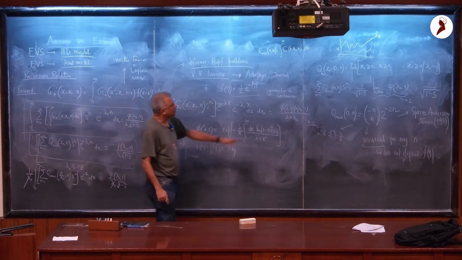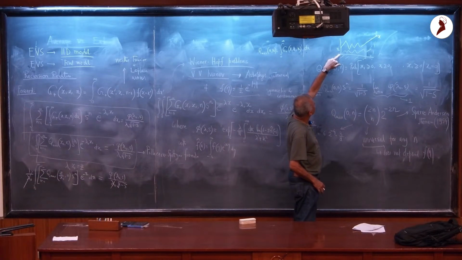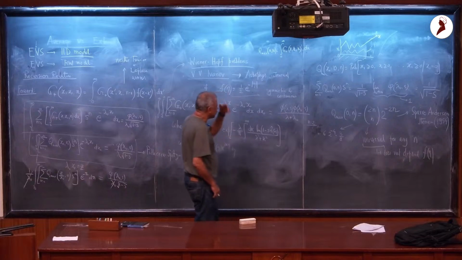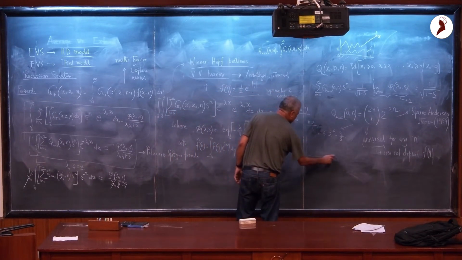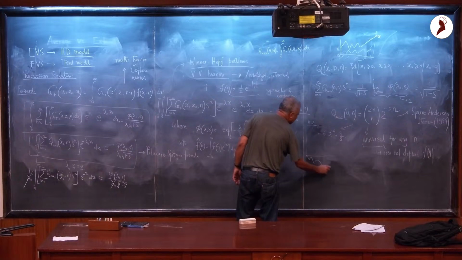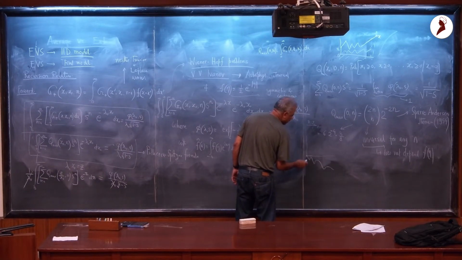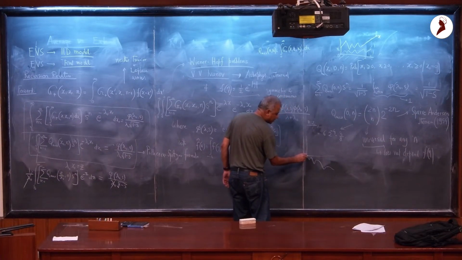So this means Q max 0 n, in the survival probability language, is the probability that you start at the origin and stay up to step n. And in the language of the maximum, this is the probability that, if you start at the origin, the maximum is less than or equal to 0, right? So maximum less than or equal to 0 means that the maximum is just the starting point itself.